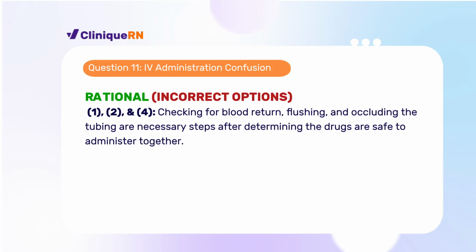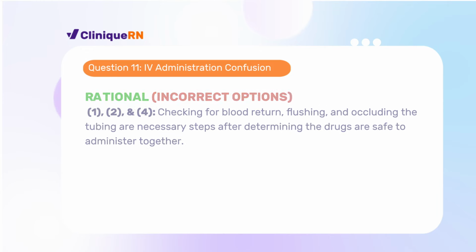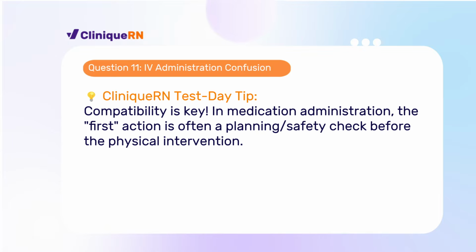Incorrect answers. 1, 2, and 4. Checking for blood return, flushing, and occluding the tubing are necessary steps after determining the drugs are safe to administer together. Clinique RN test day tip. Compatibility is key. In medication administration, the first action is often a planning or safety check before the physical intervention.